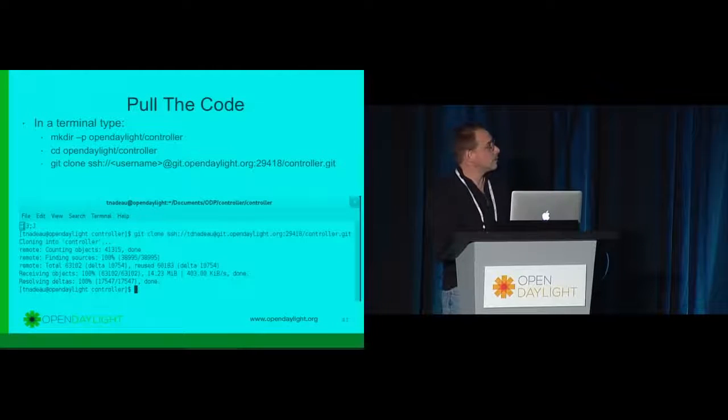So once that's set up, go into the terminal and make a directory that's going to house your controller code. At the top of the VM, I just use OpenDaylight as my root, and then make a directory called controller. It's important that it's called controller. Go into that directory and issue this command.